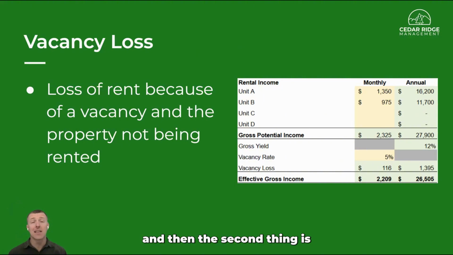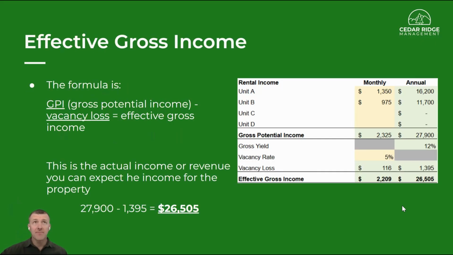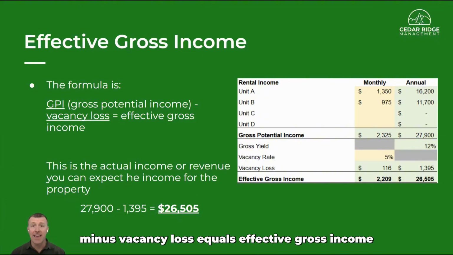And then the second thing is you want your property to be clean and neat in appearance. We go for hotel clean. You'll see in this example that the vacancy loss on this property at a 5% vacancy rate is $1,395.